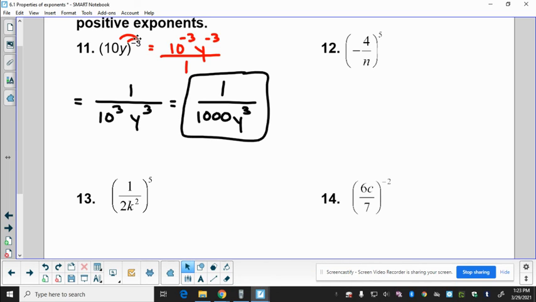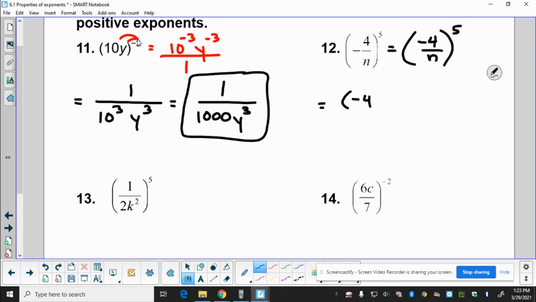Number 12. Okay, so what I need to do is apply this 5th power to everything. It applies to the -4 and to the n. That negative needs to go with something. So really what I should do is maybe rewrite this problem. Okay, everybody, so this will be -4 to the 5th over n to the 5th.